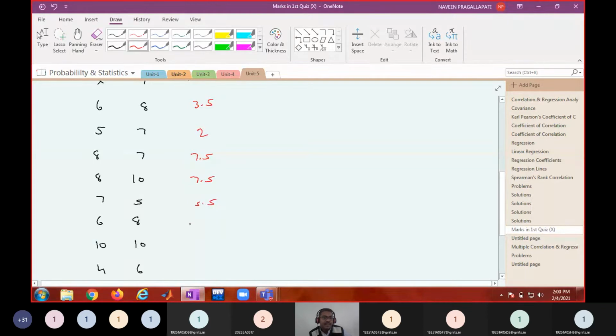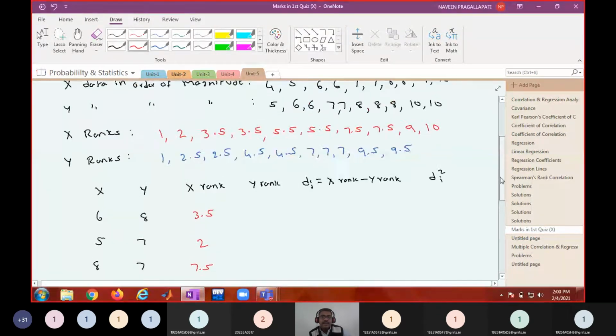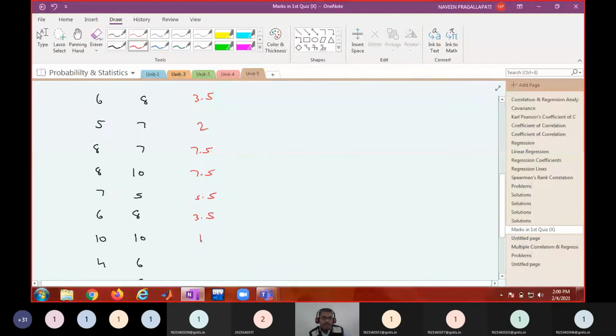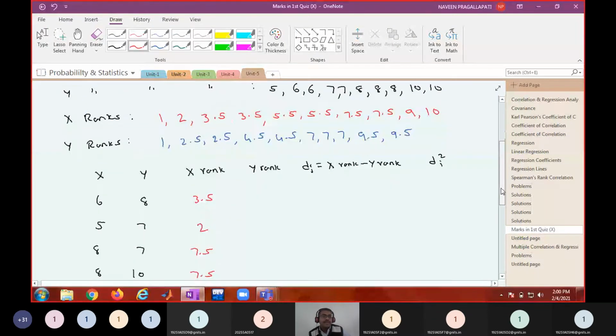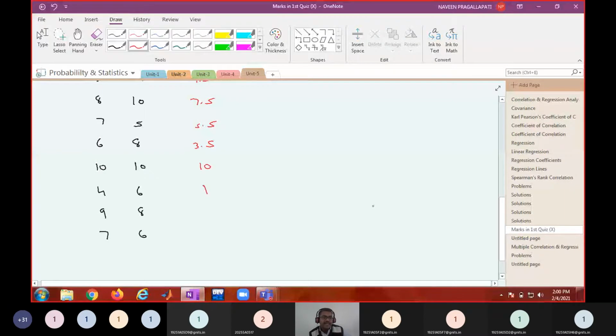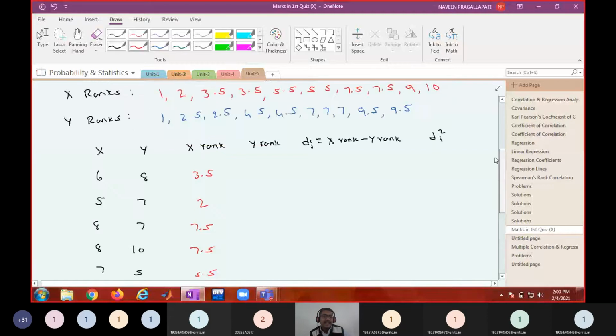For 6 again, 3.5. 10 is 1. 10 is 10 only. For 4, 1. 4 is 1. 9 is 9. 7, 5.5. Similarly, write down Y rank.